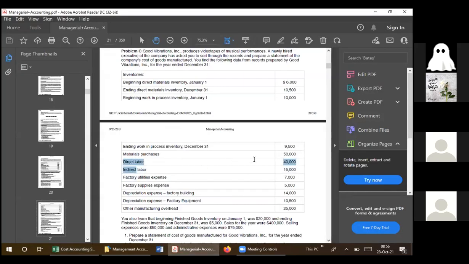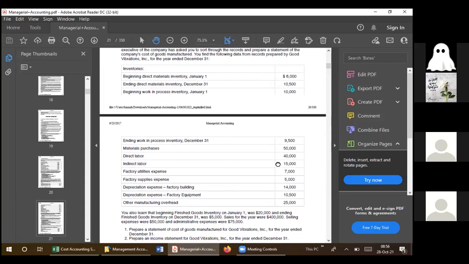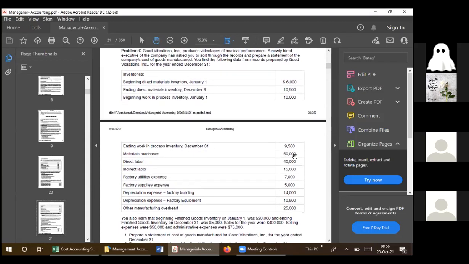We have here direct labor 40,000 and indirect labor 15,000. Should we add them for direct labor? No, right? So what about indirect labor then? Where would that go?